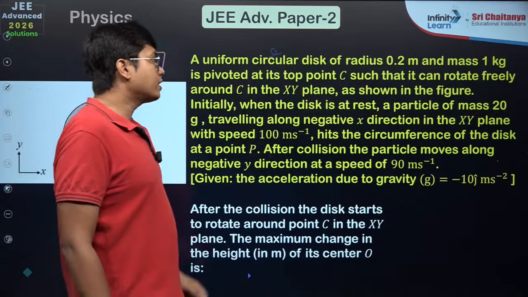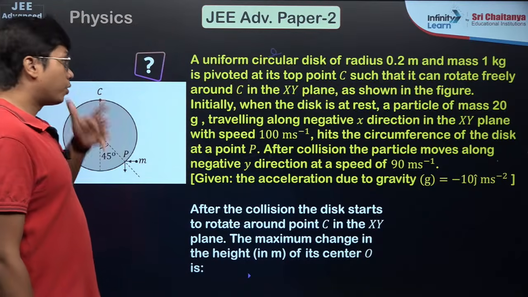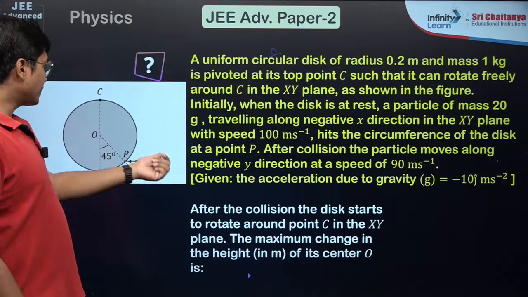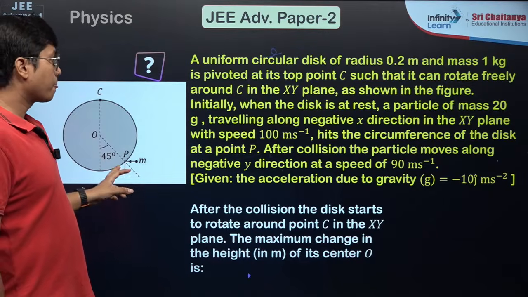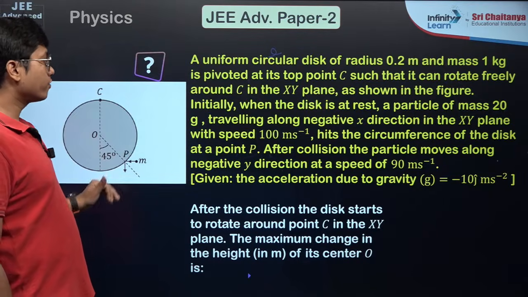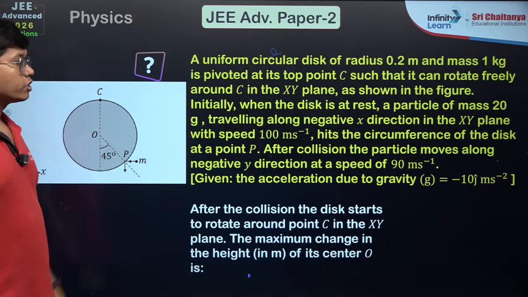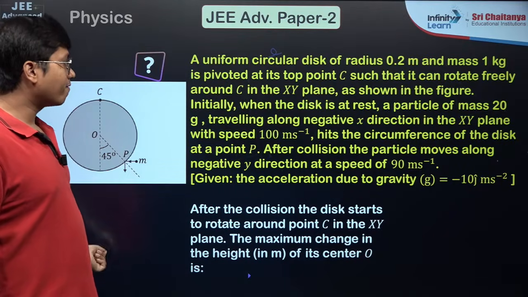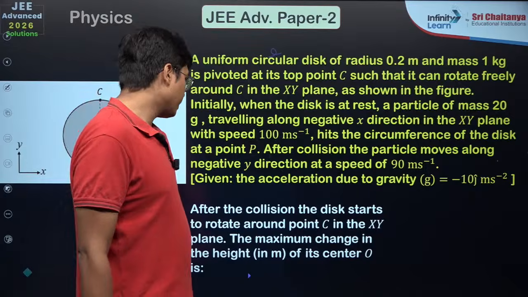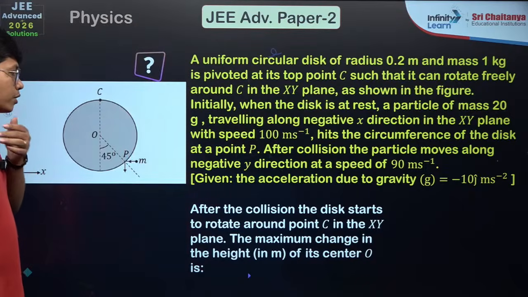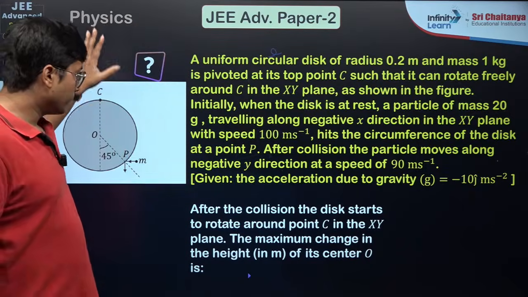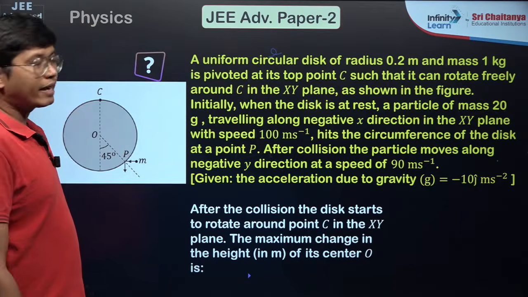Initially, when the disc is at rest, a particle of mass 20 gram travels along the negative x direction at 100 meters per second and hits the circumference of the disc at point P. After collision, the particle moves along the negative y direction at a speed of 90 meters per second. After collision, the disc starts to rotate around the point C. Of course, what is the maximum change in the height?